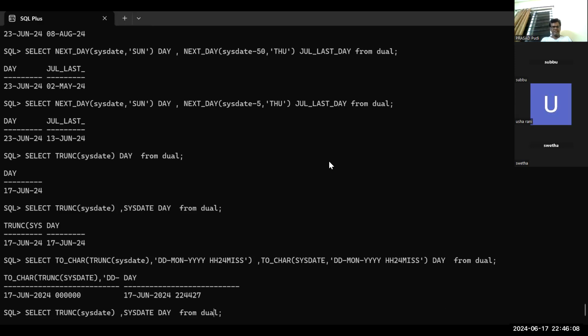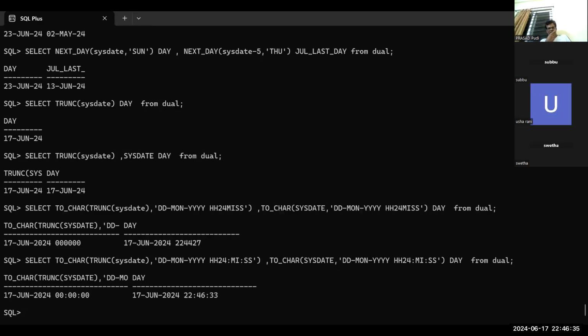Generally, how we will give, so this is the way. Here all zeros means it is night 12 o'clock, and 12:00 means it is afternoon 12 o'clock.